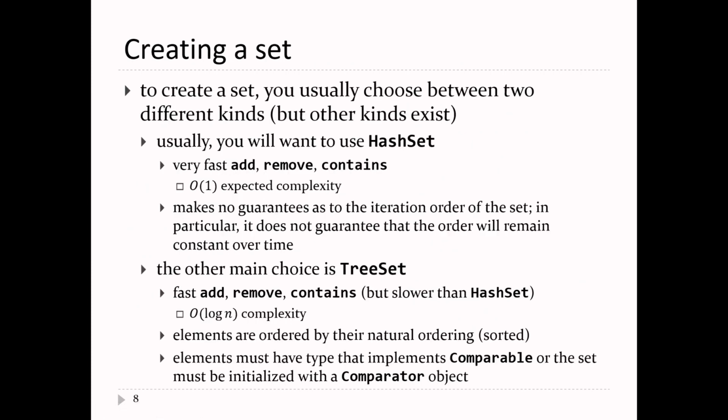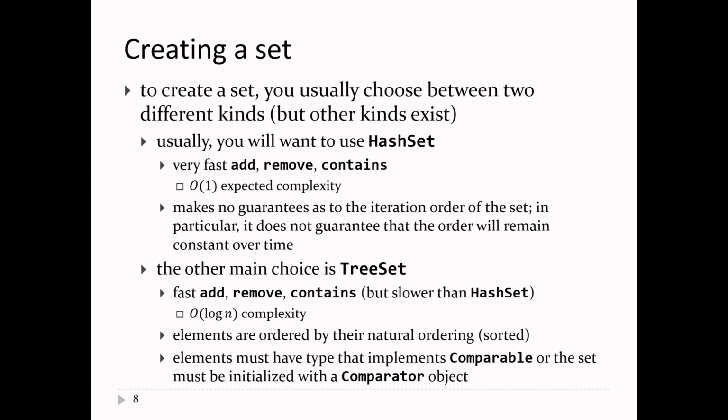Okay, so when you're picking between sets, you're normally choosing between HashSet or TreeSet. HashSet is very fast. The fundamental operations with a set are adding an element to a set, removing it, or asking whether or not an element is in the set. For all of these operations, these have, on average, O(1) complexity.